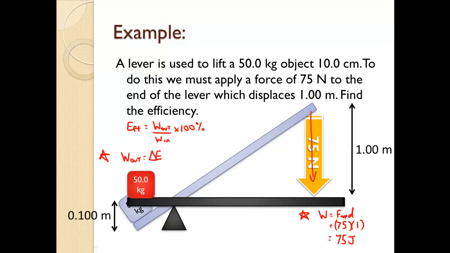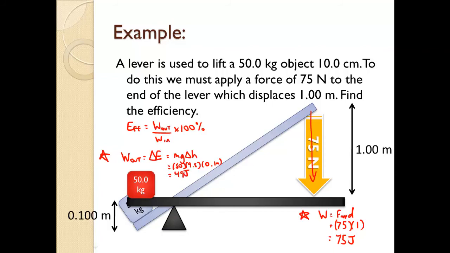Now, it was stationary at the bottom, it was stationary at the top, which means we can think about it in terms of mg delta H because it's our change in potential energy. If we put in our numbers here, we have 50 kilograms times 9.8. Our change in height is 0.1 meters, and we're going to get a value of 49 joules for our work output.